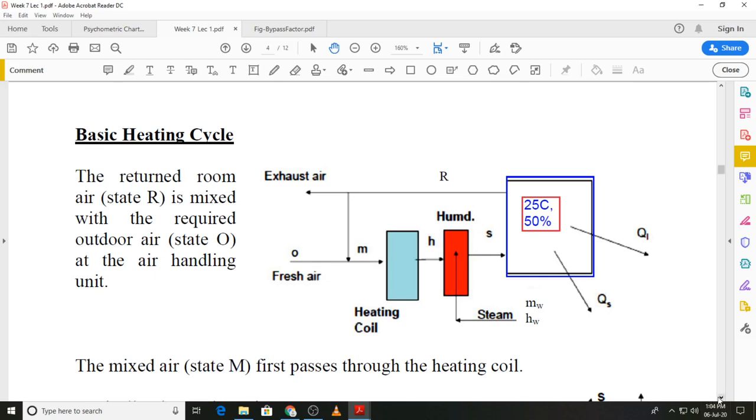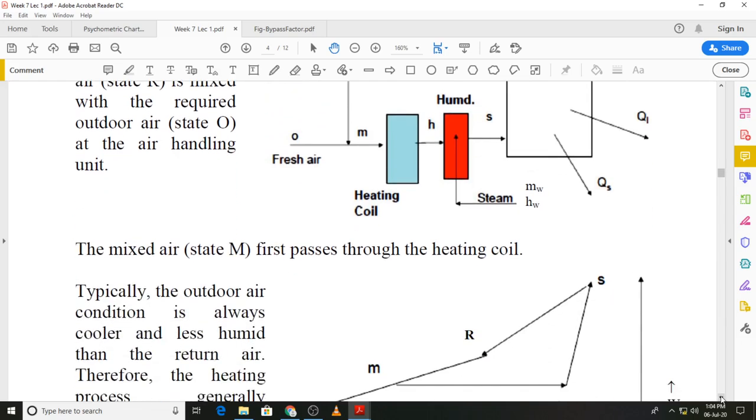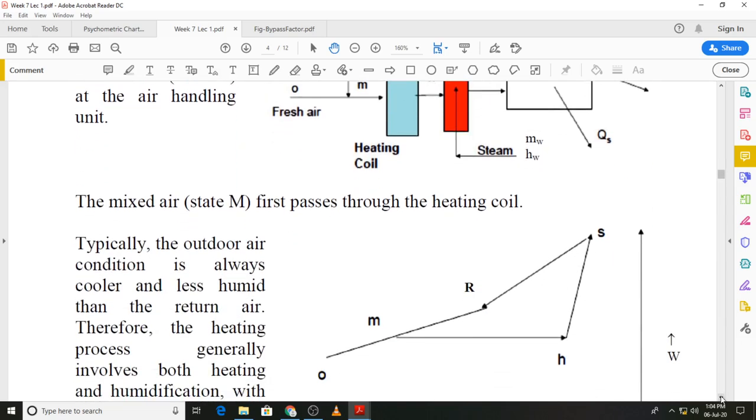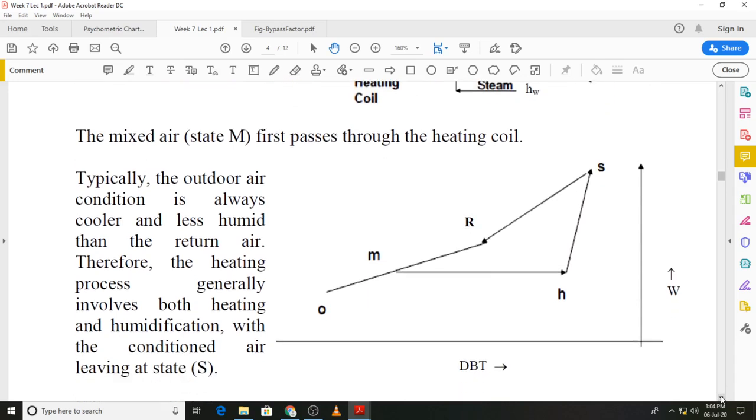This can then be represented as a cycle on the psychrometric chart, and that is shown over here. As I said, typically the outside air is cooler and drier than the air or the state that you want in the conditioned space, that is the state R. So you can see that O is at a lower dry bulb temperature and a lower humidity ratio.